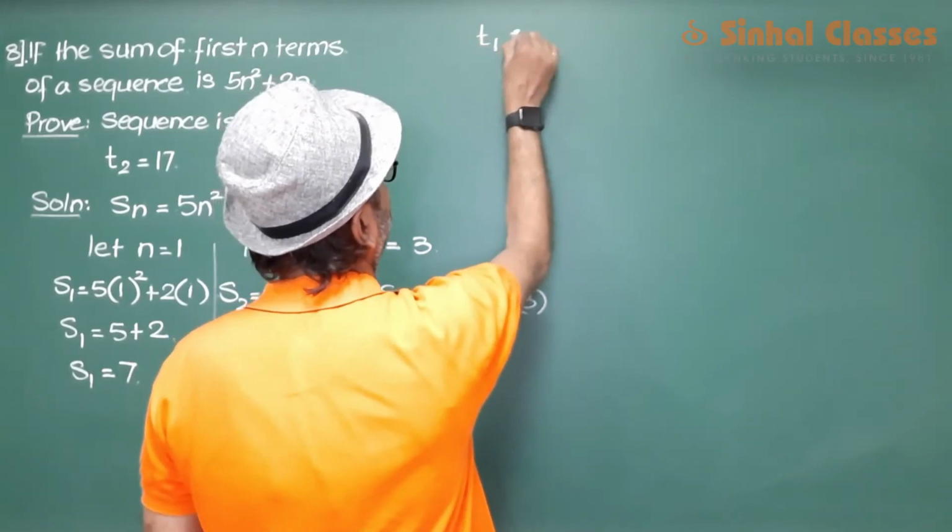S7 is equal to, cancel this and then multiply it with this, you will get 4375. This is your answer, 4375.